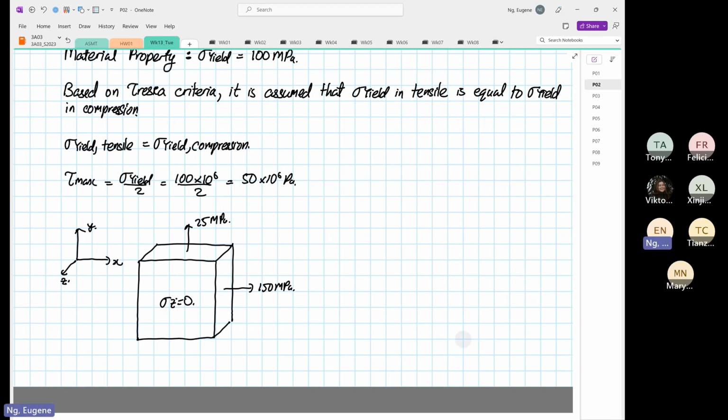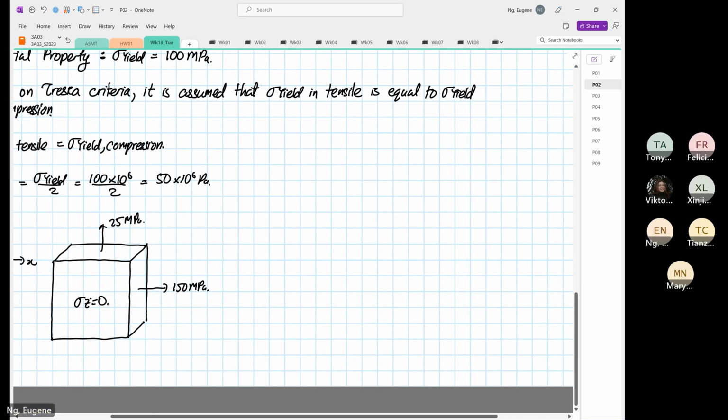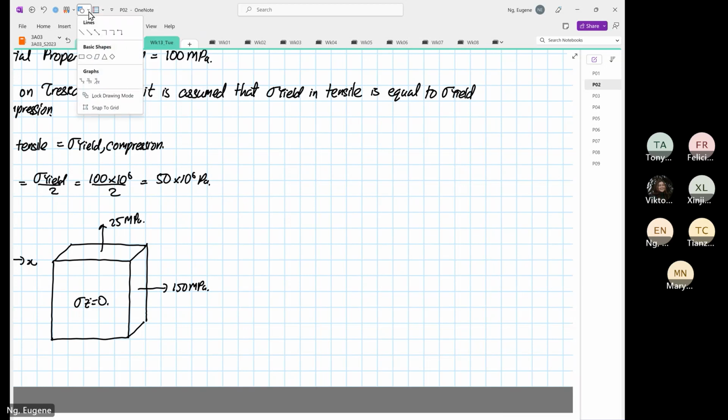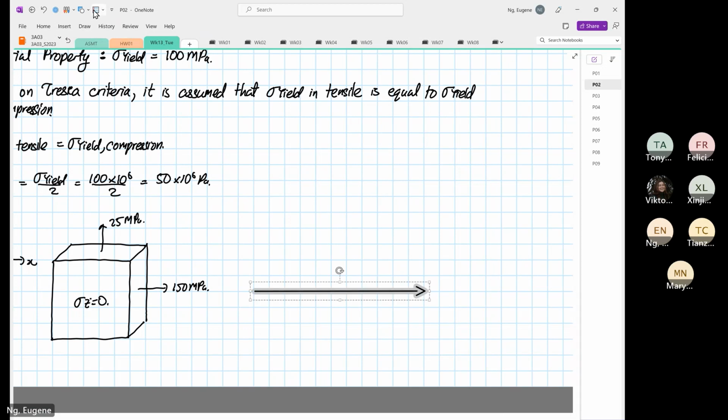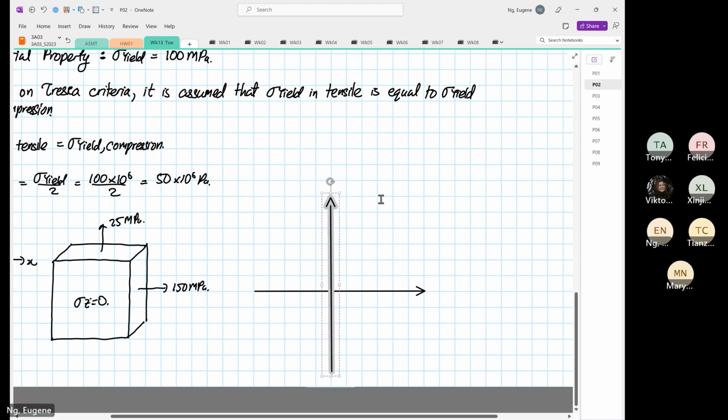So when you draw this out, I will call this 50, 100.